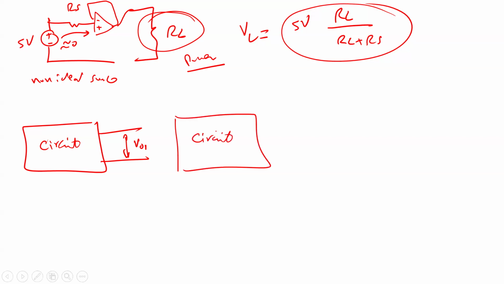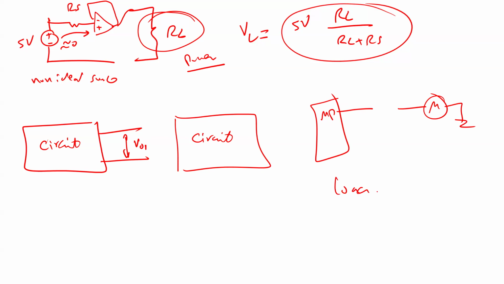I gave you one example last time: if you have a microprocessor or microcontroller and you want to connect it to a motor. This problem we call loading. Loading means this circuit number 2 is going to load circuit number 1, because this circuit has an input here.